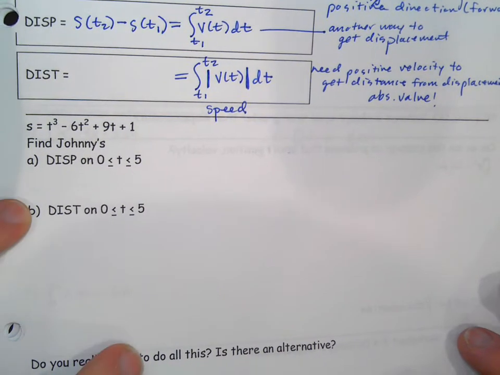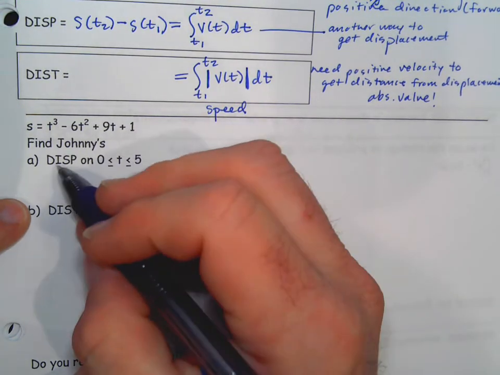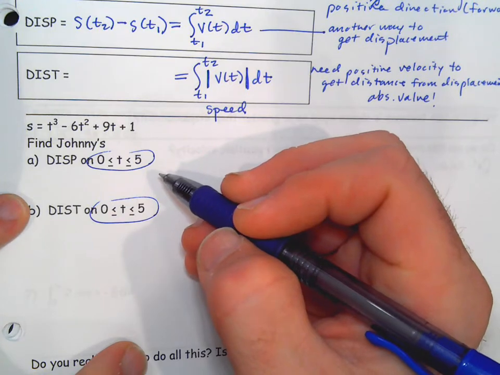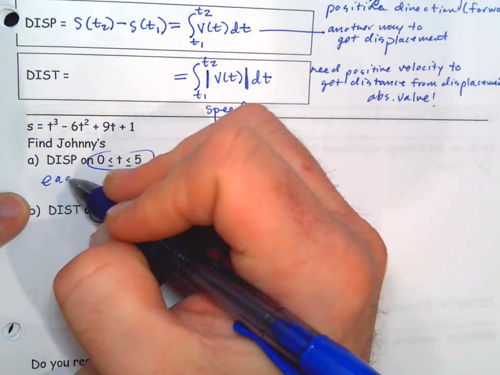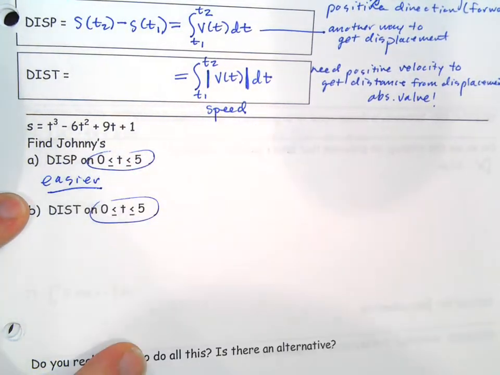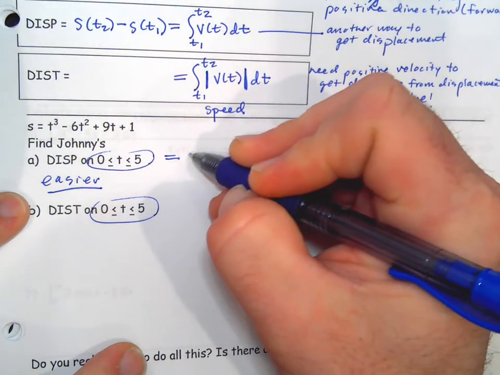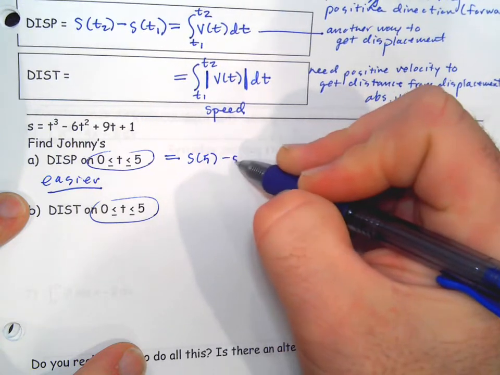Here's a position function, and we want to find Johnny's displacement from 0 to 5 and distance from 0 to 5. Displacement is way easier, because all you have to do is say S5 minus S0.